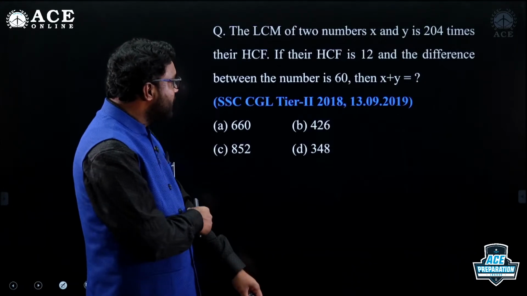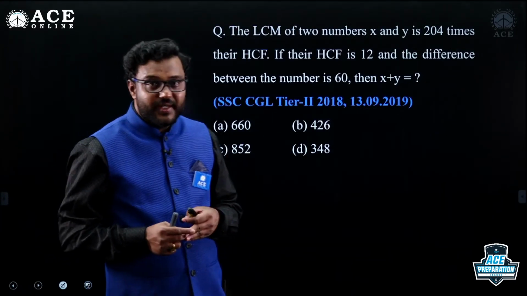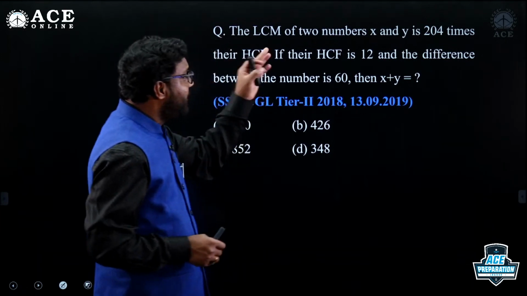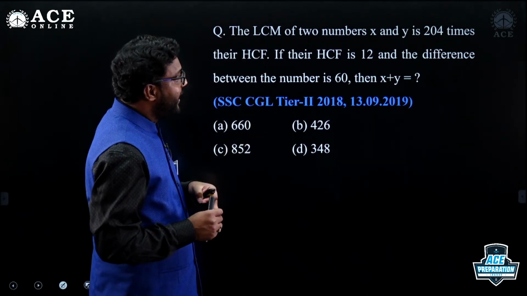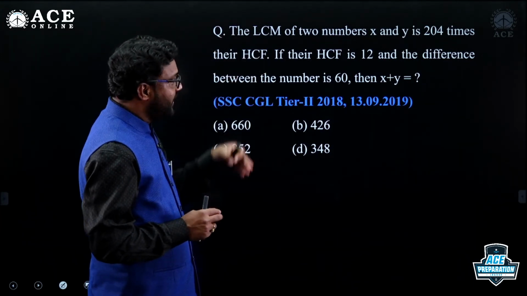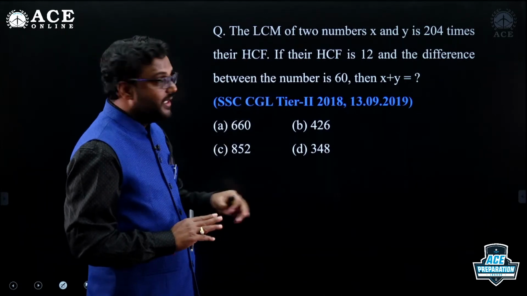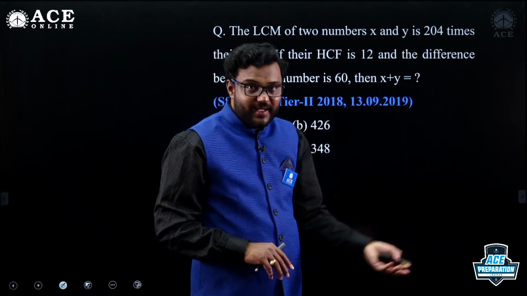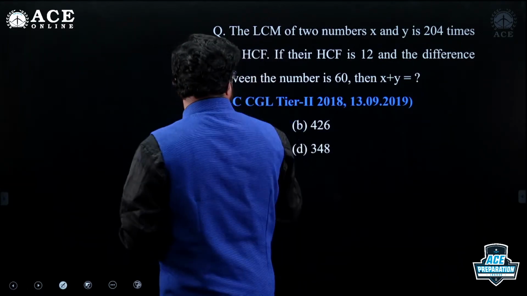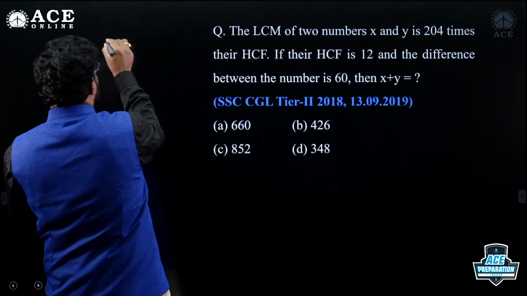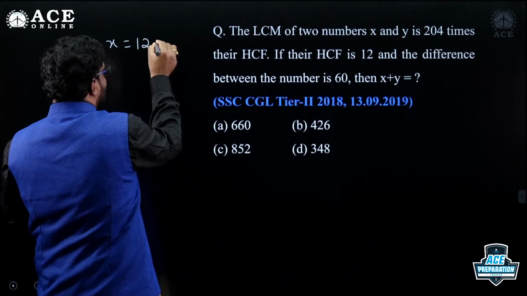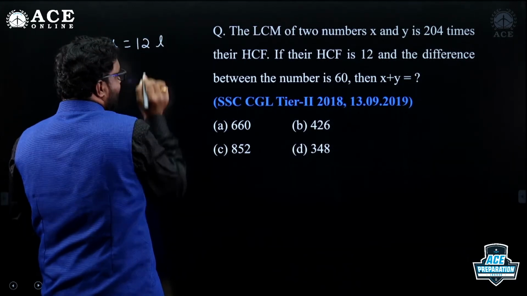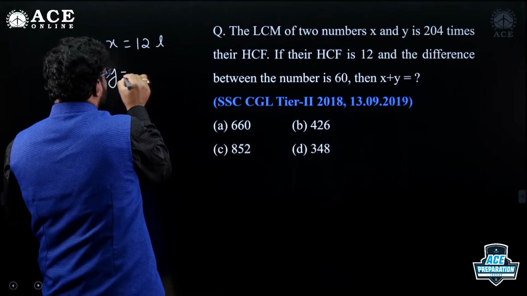Right. So guys, let's see the next question. This is also a previous question given in CGL. LCM of two numbers x and y is 204 times their HCF. HCF is 12. Here x and y are given, so I cannot take a and b. Let's take x and y as the numbers. x is nothing but a multiple of 12, let it be 12l. y is nothing but 12m.